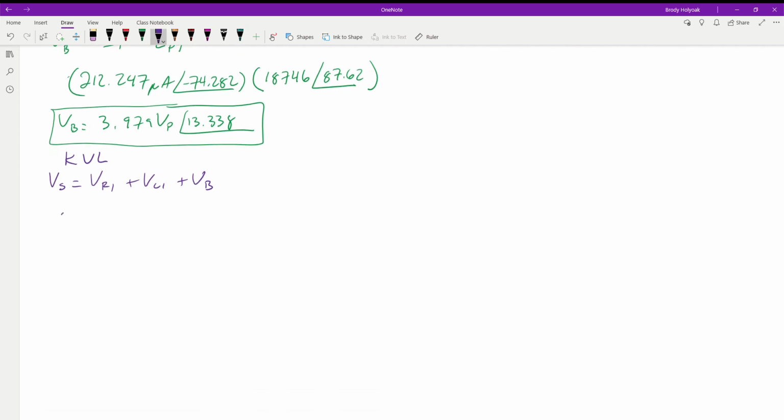Our voltage source was 6 volts at 0 degrees. VR1 was 1.443 at an angle of negative 74.282.